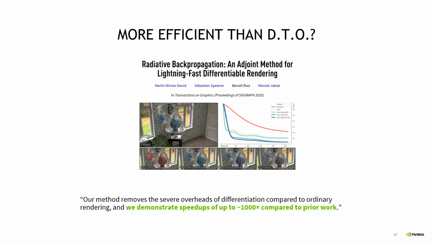I have to mention that there is a paper at SIGGRAPH that does exactly the same thing. This is work by the group of Wenzel Jakob at EPFL, and I believe Merlin is going to give the talk at SIGGRAPH. At the beginning of this talk I said I just did this for fun, but they did it out of necessity. They used the AutoGrad method first in their Mitsuba software, and they found it was way too slow.